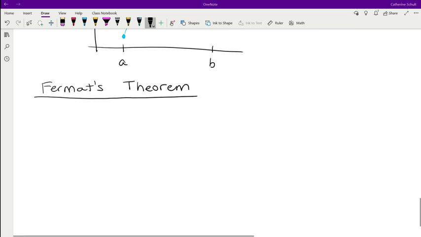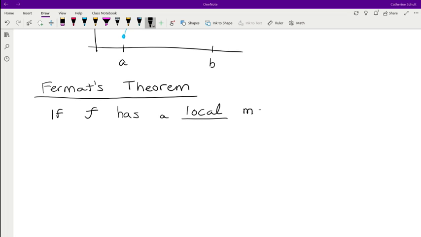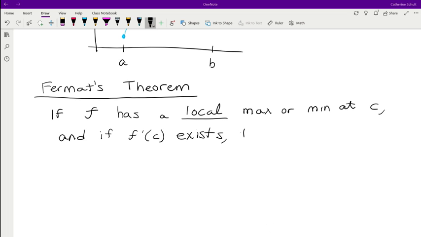Okay, so if f has not an absolute maximum, but a local max or min at the point C, and if f prime of C exists, then f prime of C equals 0.